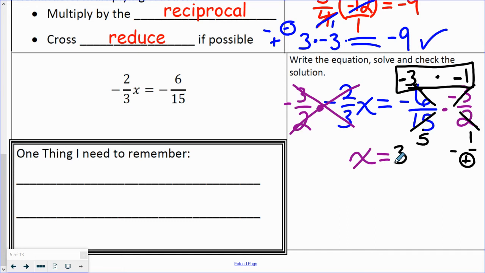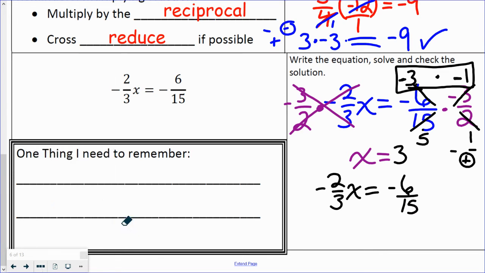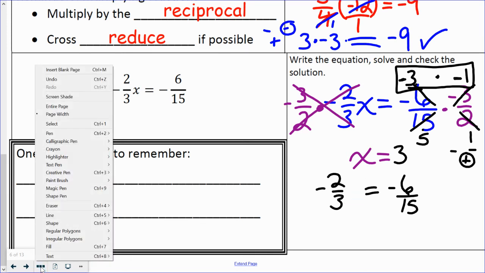Okay. So when I check my work, rewrite it. 2/3 of x equals -6/15. Oh, you know what? I forgot to replace my x with my solution. Easy peasy.